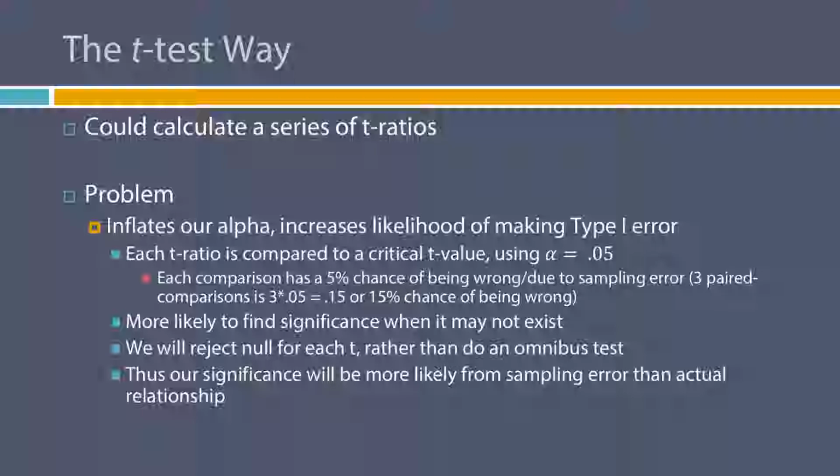Now, as you know, last week we looked at this thing called a t-test, or looking at t-ratios. And with these several categories, let's say we had 5 racial categories, what we could do is compare the first versus the second, the first versus the third, the first versus the fourth, so on and so forth. Let's say we had black, white, and other.